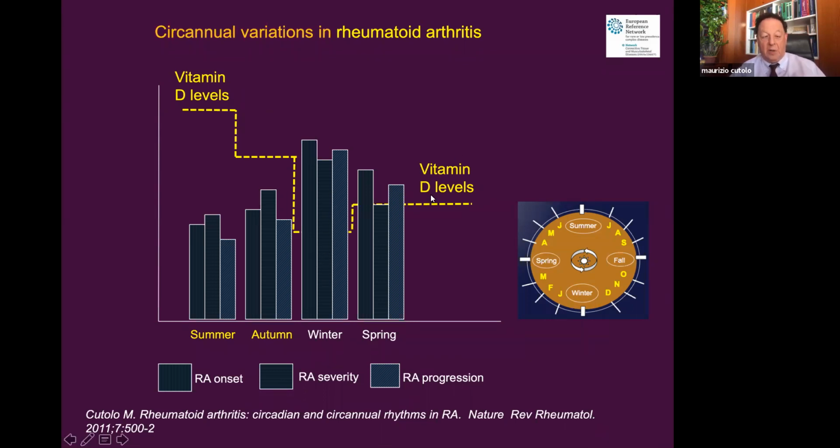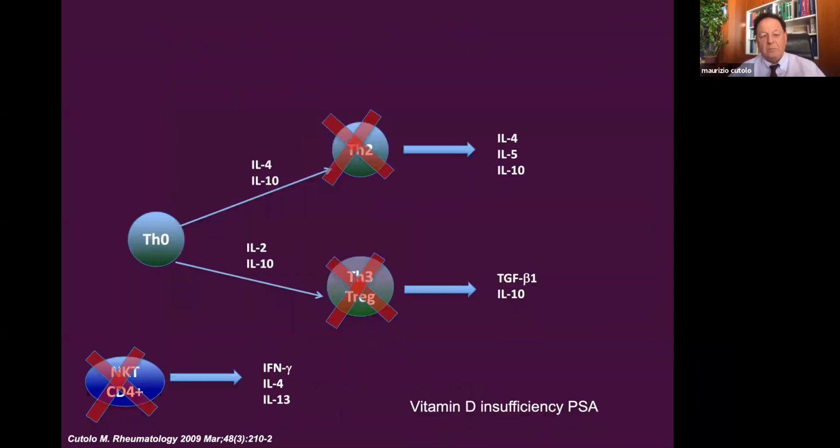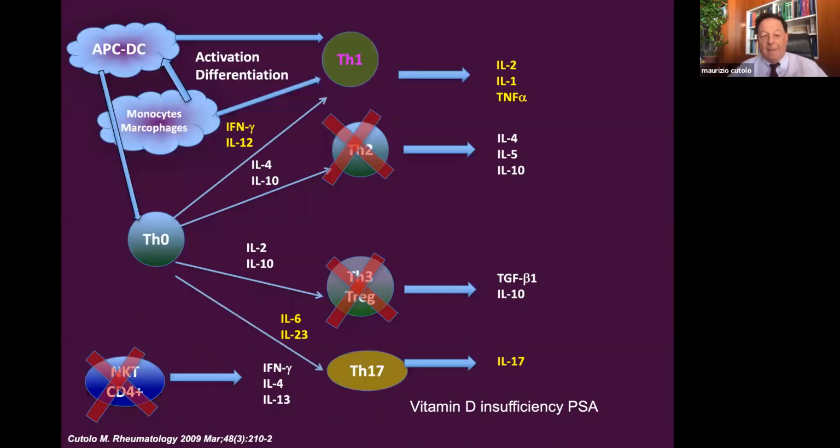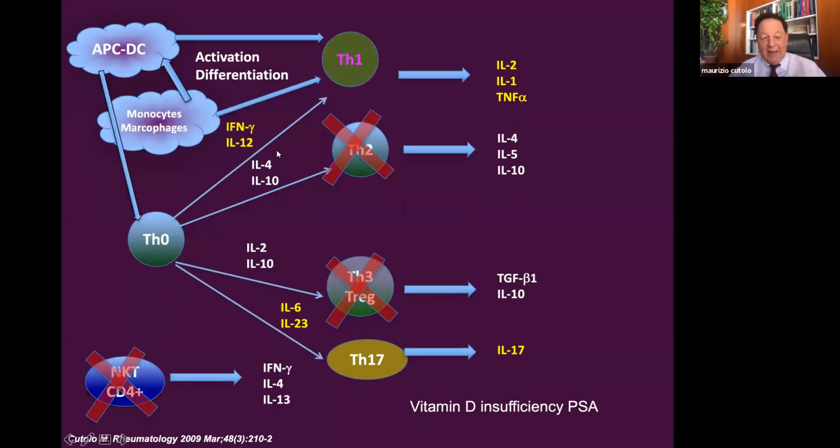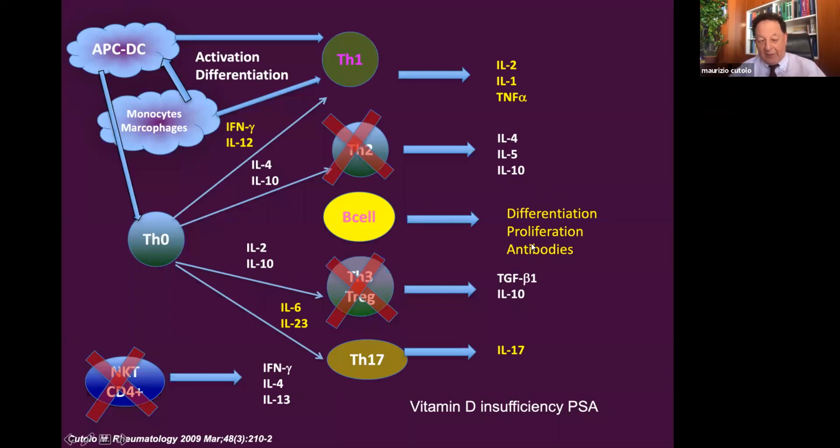And winter, again, is one of the risk factors for a less efficient immune system, less efficient suppression of the immune system, and the vitamin deficiency. So again, low vitamin D, less control like cortisol of the anti-inflammatory cytokines, and more easily B cell activity, lymphocyte B or antibodies, cytokines, TNF-alpha, and so on, and IL-17.